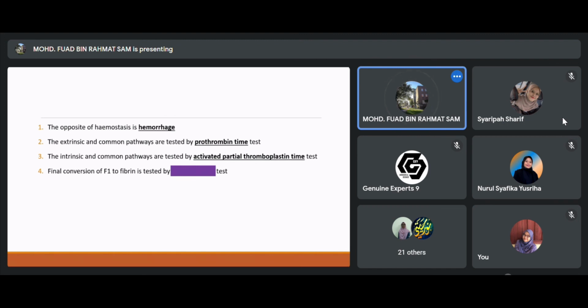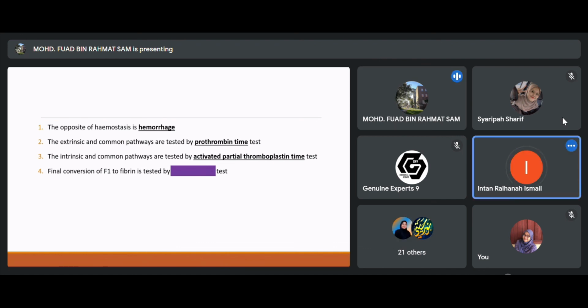Haizatul tak ada? Okey, tak apa. Mungkin Intan Raihana?